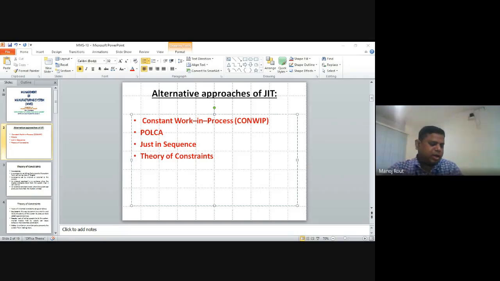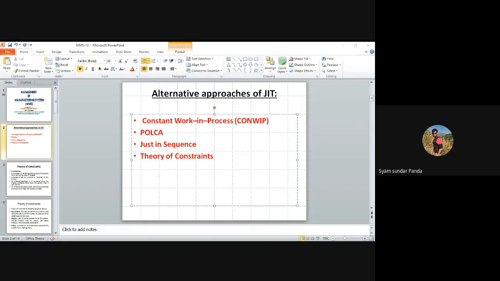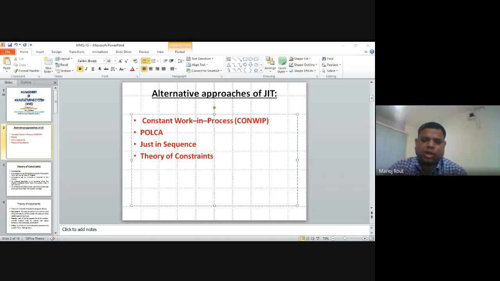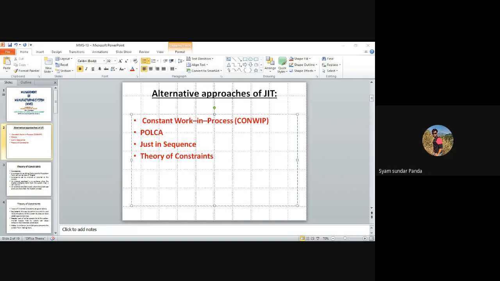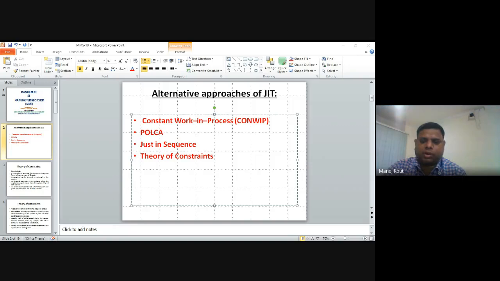Okay, physical arrangement of machines. Good. Anything else? Sir, for processing equipment also. Material should be processed. Sorry, sir, material processing. Okay, material processing.